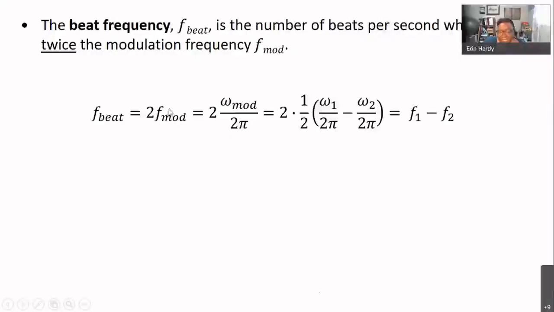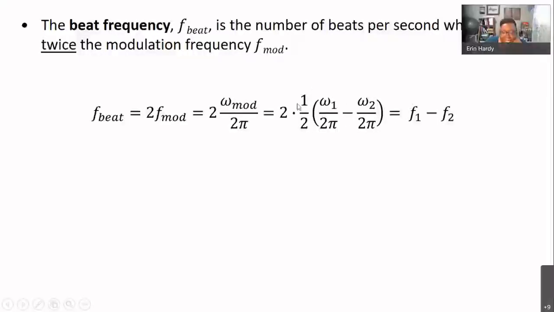The modulation frequency, just as any frequency f, we can write as omega over 2 pi. We defined the angular frequency omega as 2 pi times f, so that means f would be omega over 2 pi. So we have a 2 and a 2 down here in the denominator. However, the modulation frequency is going to be the average of two omegas.